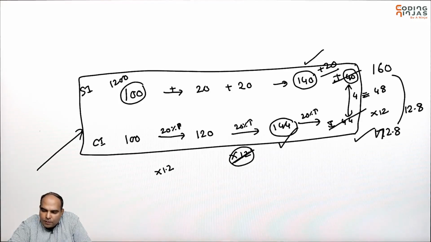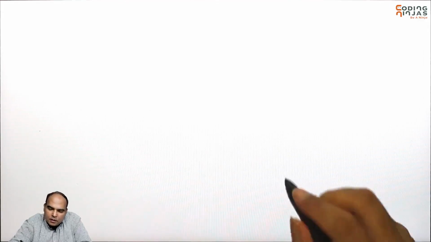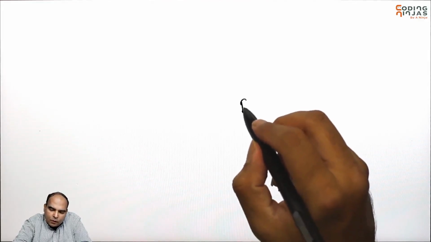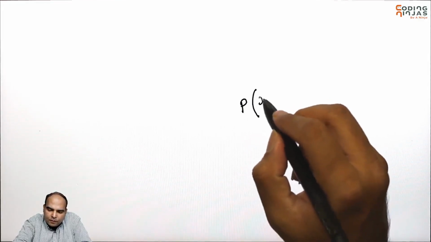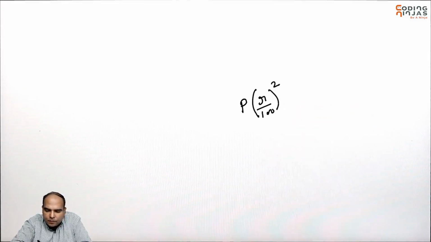But for the difference construct of 2 years between simple interest and compound interest, the difference can also be calculated by a formula which is P into R by 100 whole square.